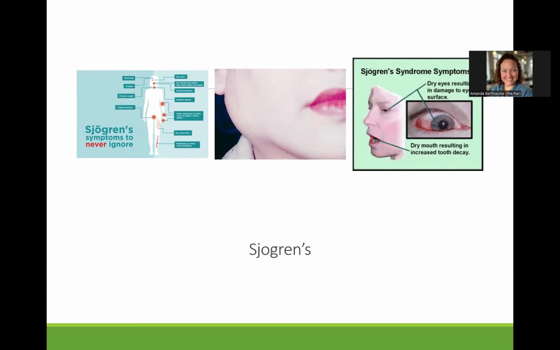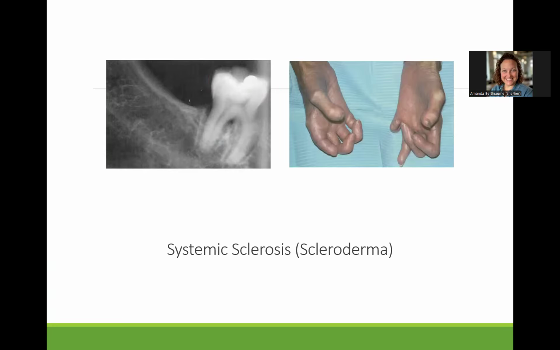This is so super uncomfortable, and they're at such a high risk for decay, and even exacerbation of periodontal disease, that these folks need to be on all sorts of preventatives for dry mouth, because their glands are not working properly.